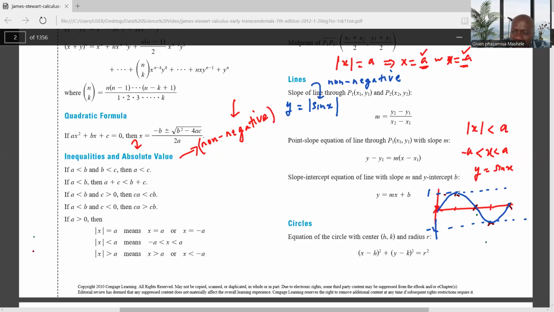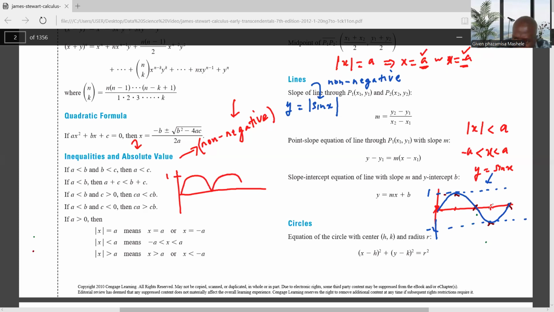So if this one is for y equals sine x, if we were to plot y equals the absolute value of sine x, the graph will now look like this. It will become 0, and there it also becomes just like this.